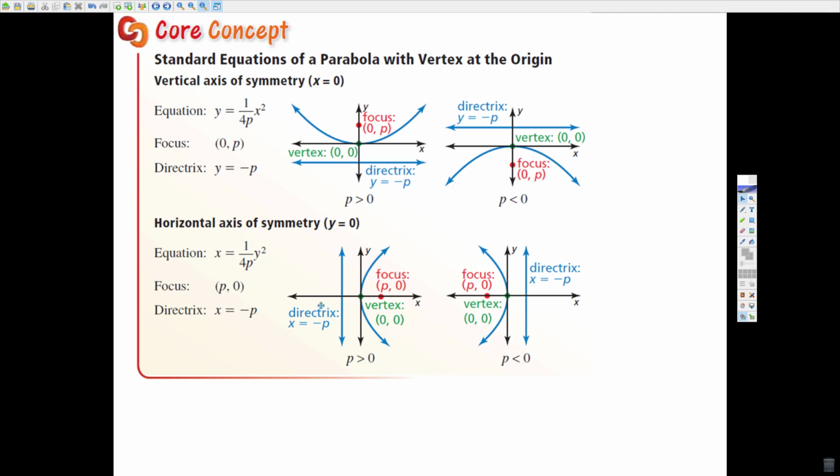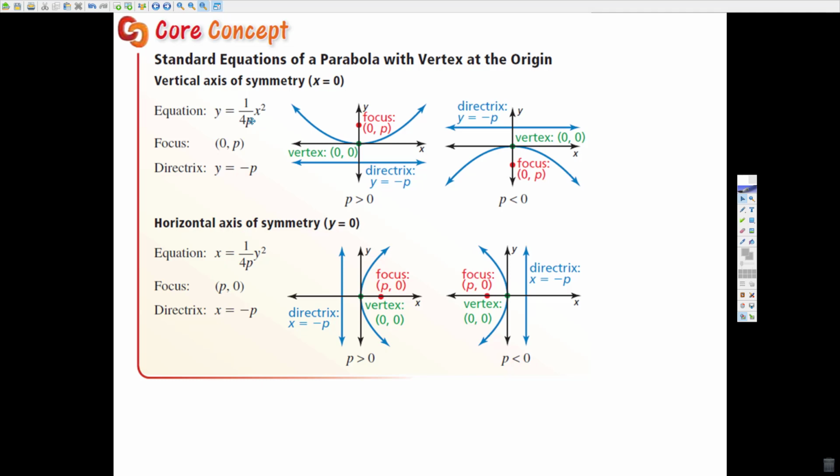On your paper, please write these equations down and get down the important information as far as graphs. So what I would like to draw your attention to is a couple of things. First of all, if you have an equation where the x is squared, it will open up or down.